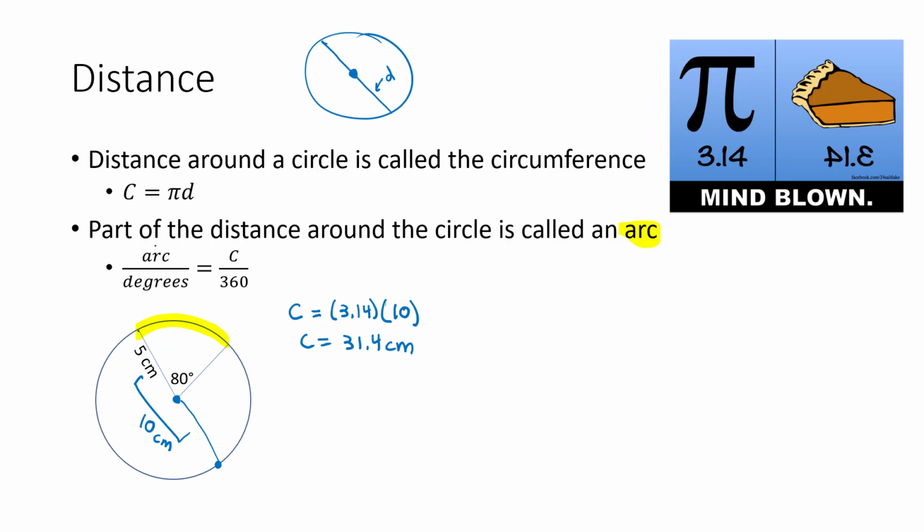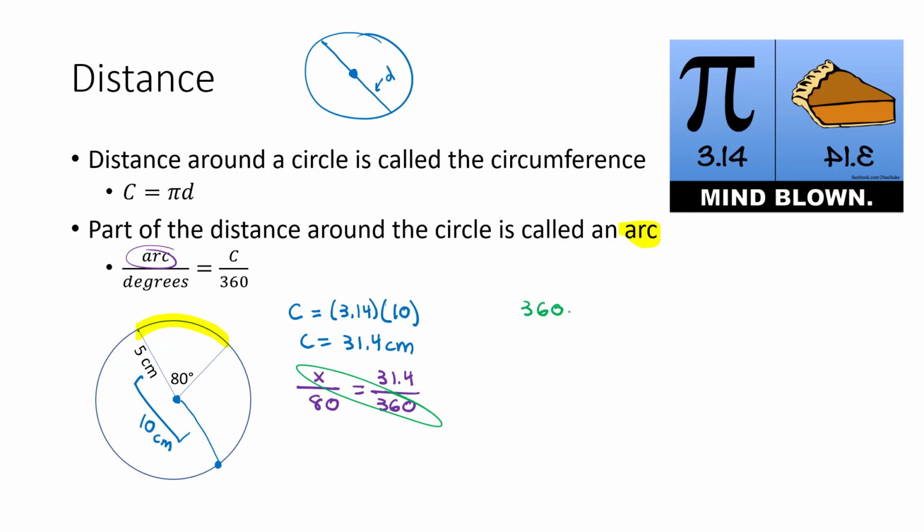But we want to find the arc. So we'll set up a proportion. The arc we don't know, but we know it's an 80-degree arc, is equal to the circumference of 31.4 over the 360 degrees that make up the entire circle. Well, we know how to solve a proportion by multiplying the diagonal.